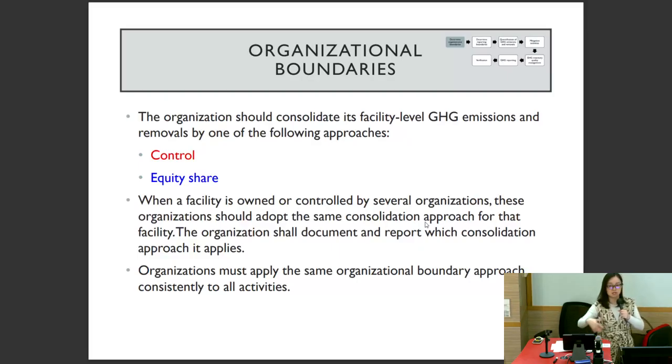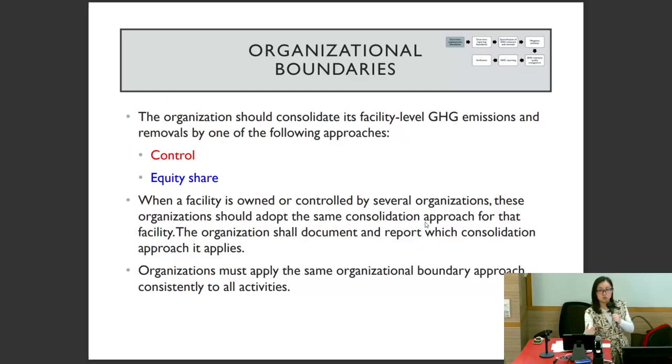So maybe one facility is owned by different companies, maybe 10% belonging to company A, 20% belonging to company B, and so on. In this case, all the companies should use the same approach for identifying the organizational boundary. Otherwise, there would be some double-counted greenhouse gas emissions. The organization shall document and report which consolidation approach it applies.